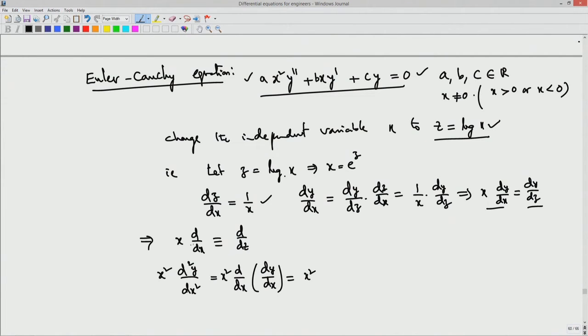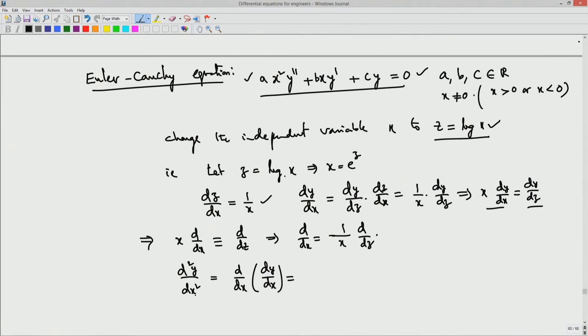In the place of x d dx you can write d dz, so d dx is 1 by x d dz.